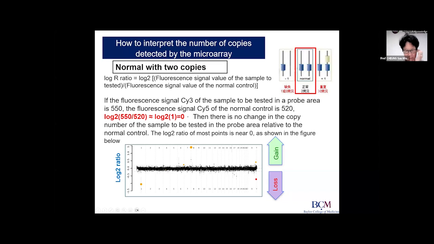Just remember I said the yellow and the green, their copy number, no change, is all in here at 0. And this yellow dot we usually use as a control. We place some polymorphic clones in there as an internal control. So anything gained will be on this side, and the loss will be on this side.